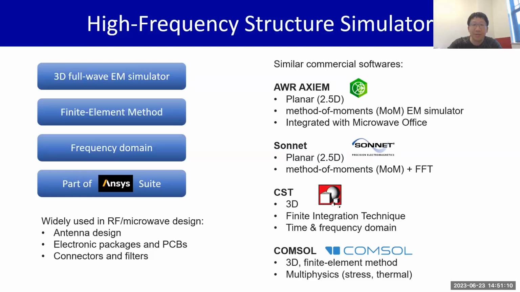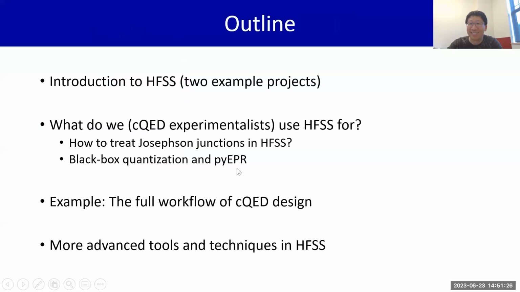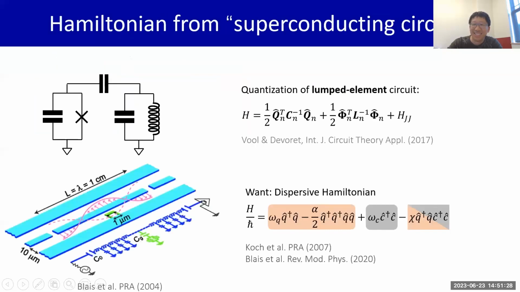Here's a good question. We learned about SC qubits last class. So what's the relationship between SC qubits and this PyEPR scheme? And when do you use SC qubits and when do you use HFSS? Very good point.